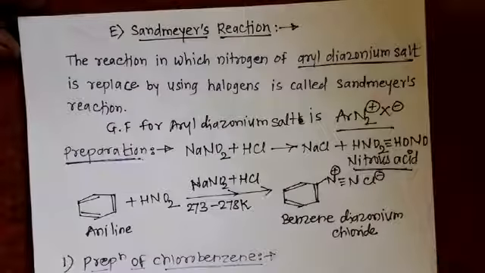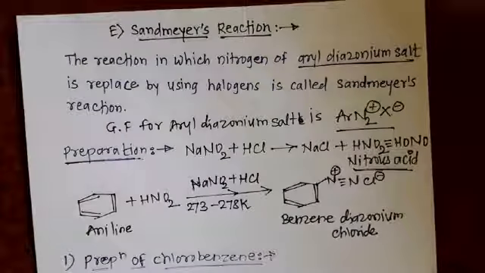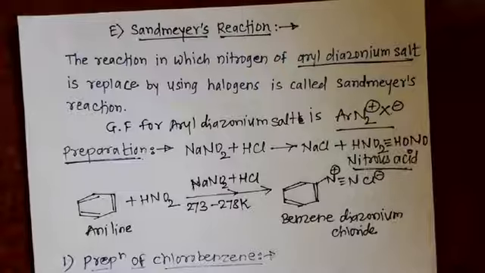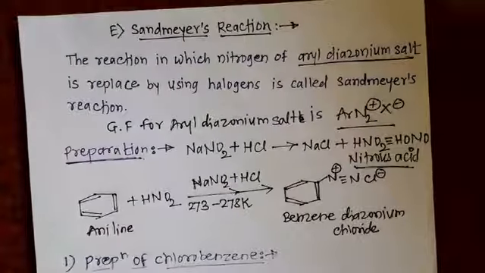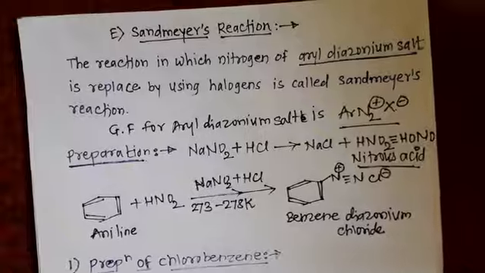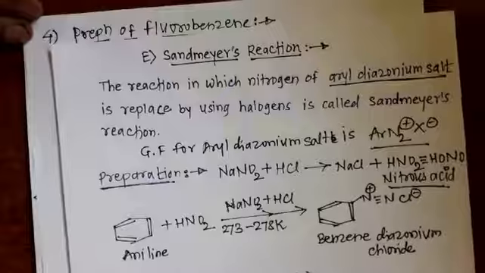In the Gattermann reaction, we use copper powder instead of copper salts. This Gattermann reaction is used for the preparation of chlorobenzene and bromobenzene. Let us see what the Gattermann reaction is.